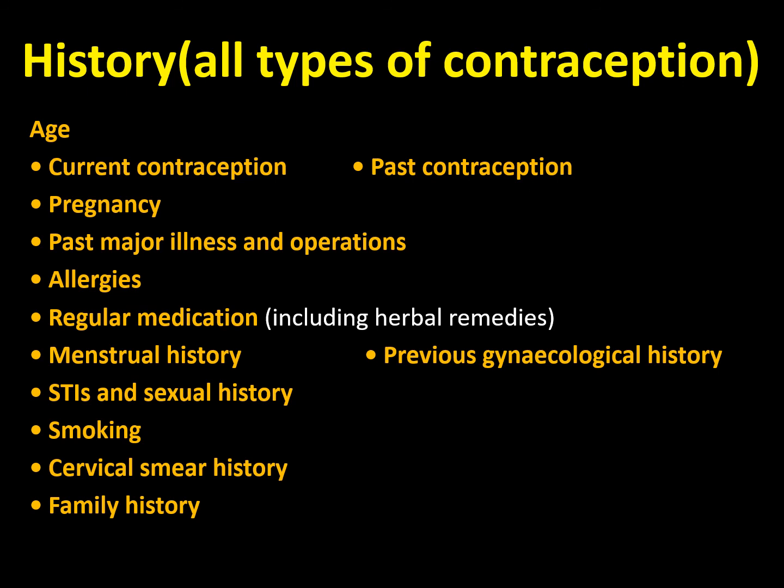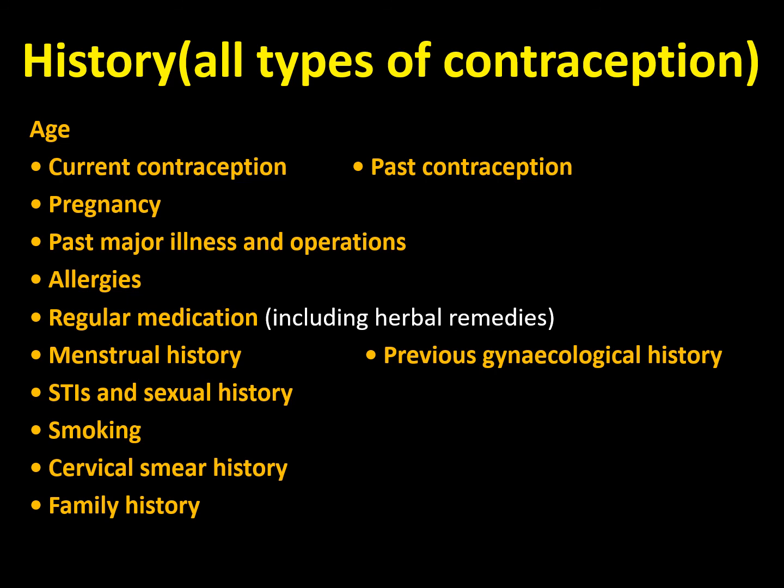This slide summarizes your counseling points when you take a history from a woman who wants a method of contraception. Remember, counseling means, first of all, to take a history from the woman to know what are her wishes, what medical history, and what are the possible contraindications for whatever method that you're going to offer. Then you give options.